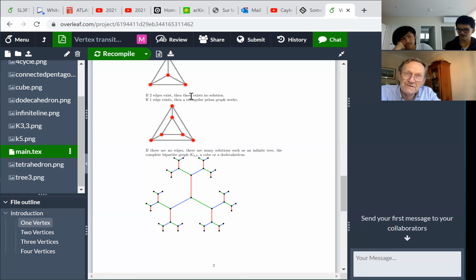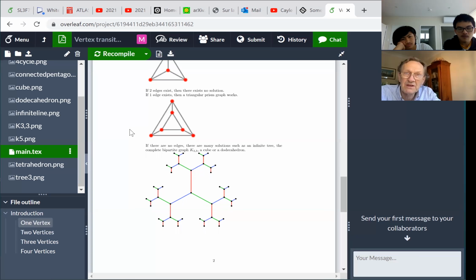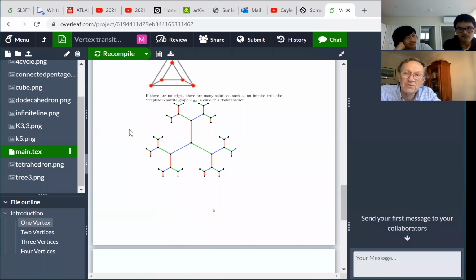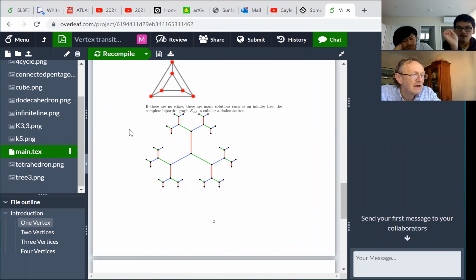That's pretty interesting. In fact, I think his criteria don't. I asked him about the path of length 4, the 5 vertices, and he thought that none of his criteria would rule that one out.